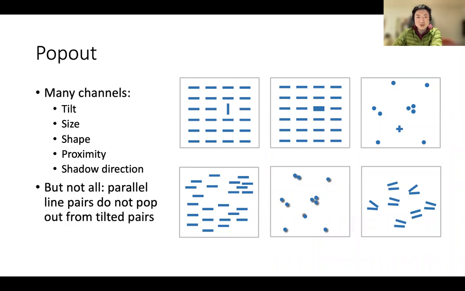So again, this takes a bit longer. So the odd one is here. Only these are parallel, whereas all the other ones are not parallel to a pair. So these are the less obvious channels for the pop-out effect. So we want to try to use these ones, which are obvious, and try to avoid these ones, which are less obvious.